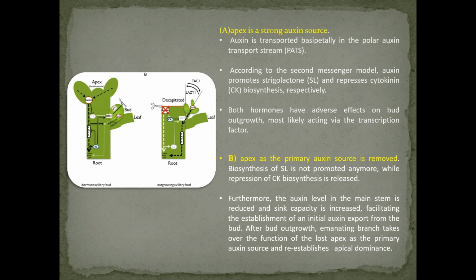The auxin level in the main stem is reduced and the sink capacity increases, facilitating the establishment of initial auxin export from the buds. After bud growth, the emanating branches take over the function, losing effects as the primary auxin source, to re-establish apical dominance. Okay, that is auxin; we continue to the next video.